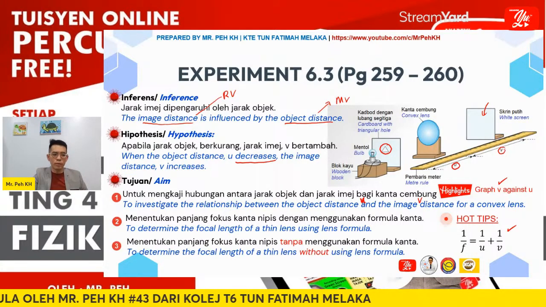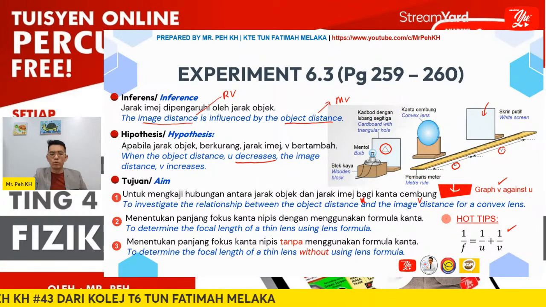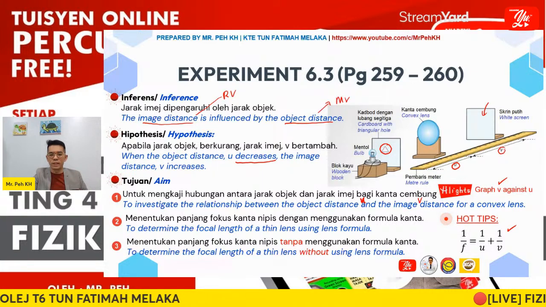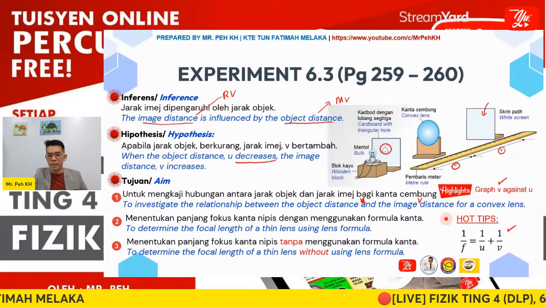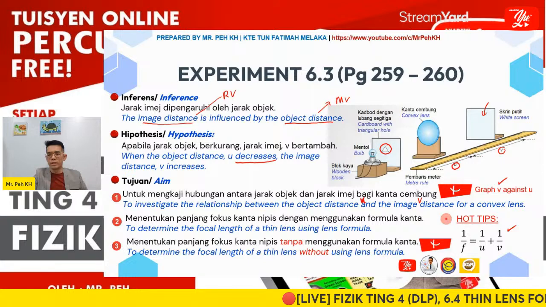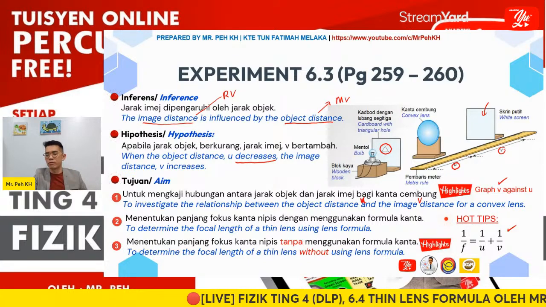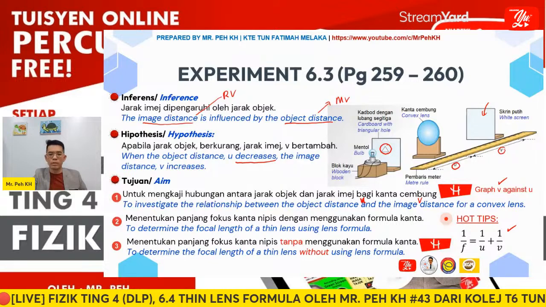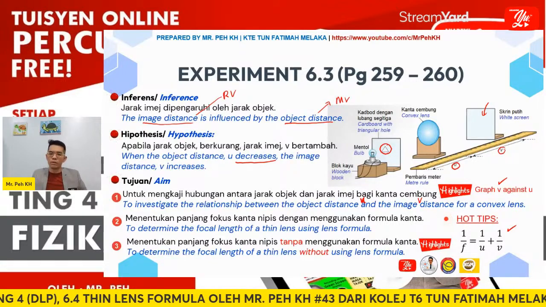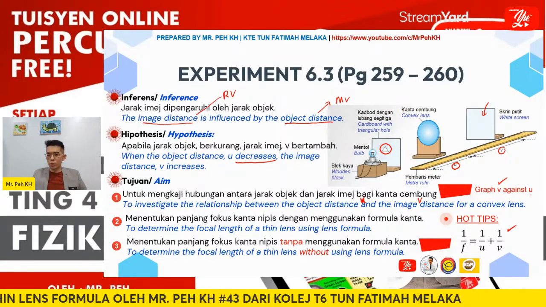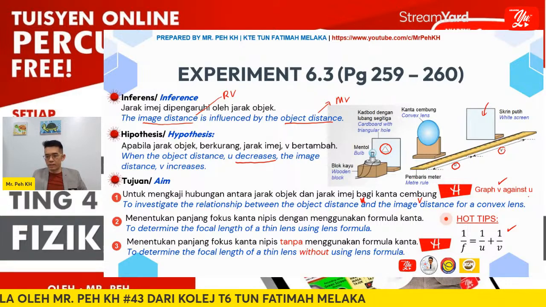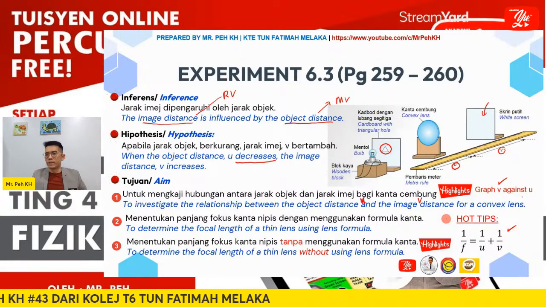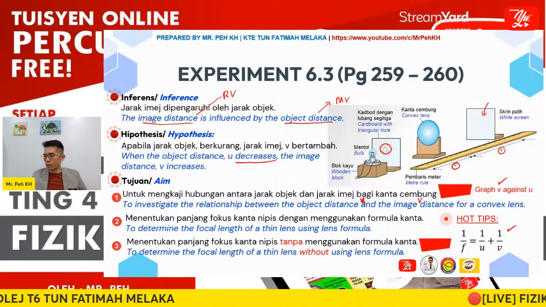The third aim is to determine the focal length of the thin lens without using the lens formula. This is also another highlighted part for discussion in learning standard 1. I am using the graph of V against U to get the focal length of the lens without using the formula.